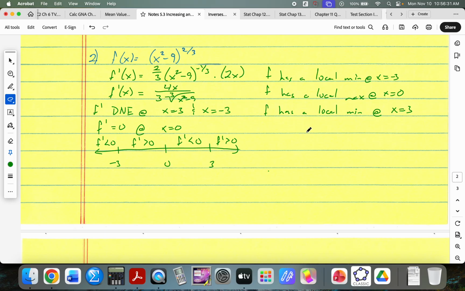If memory serves, which is a dangerous thing at my age, this graph looks something like this. Pardon? It's funny looking. See a turtle. I always think it looks like the top of Shrek's head.